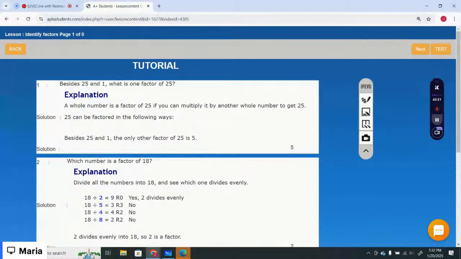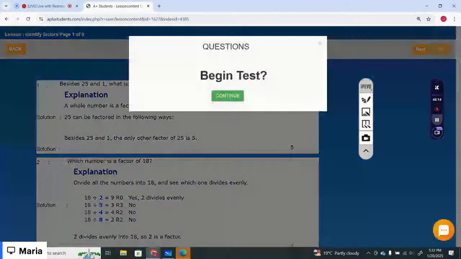So you need to find a number that can evenly divide 25 other than 1 and 25. That is 5, because 5 is the number that can evenly divide 25.